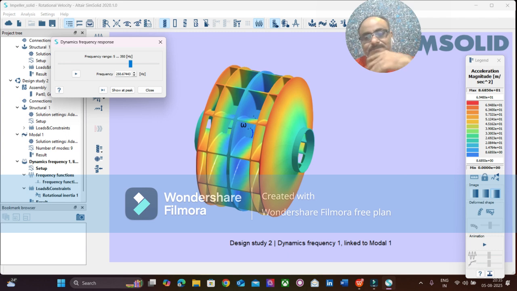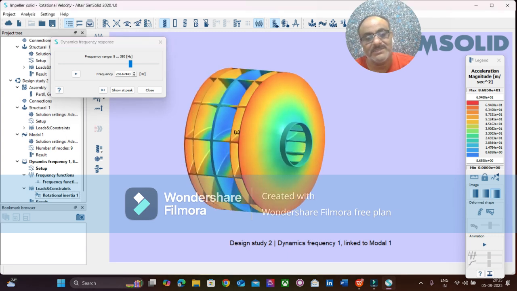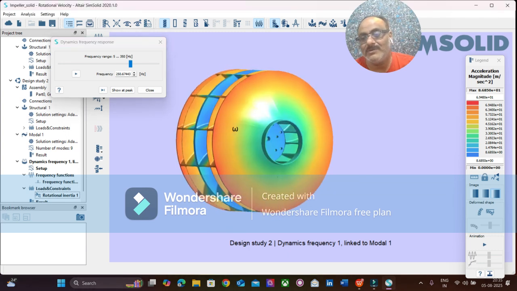Here there are some regions experiencing about 70 meter per second square. So what is 70 meter per second square? 9 times 8 is 72, 9 times 7 is 63, so it is almost about 7.5 g. So 7.5 g is the kind of acceleration that is going to come on the system.